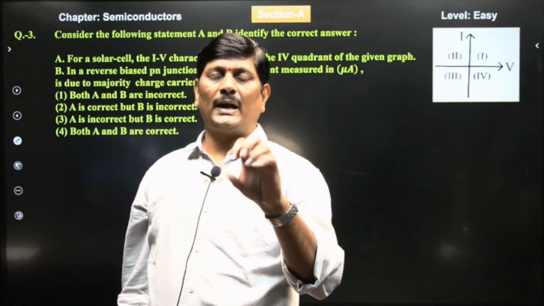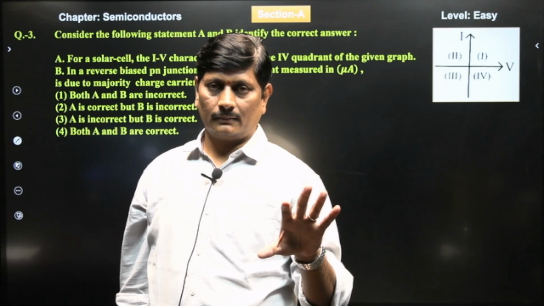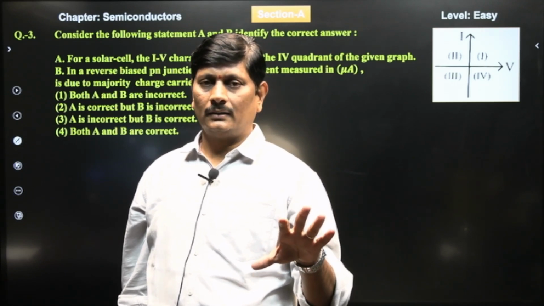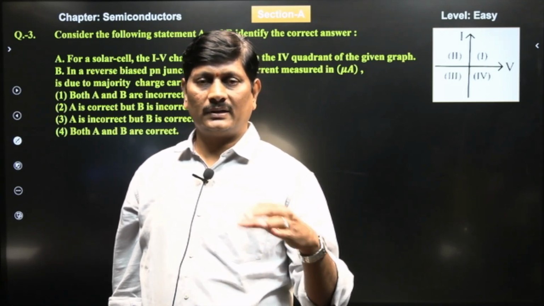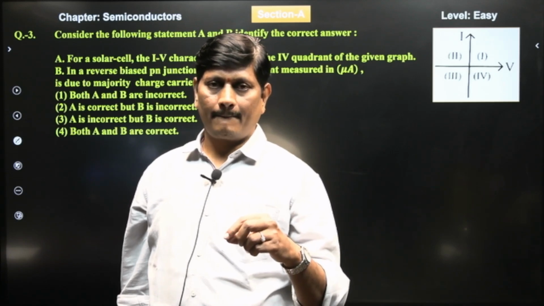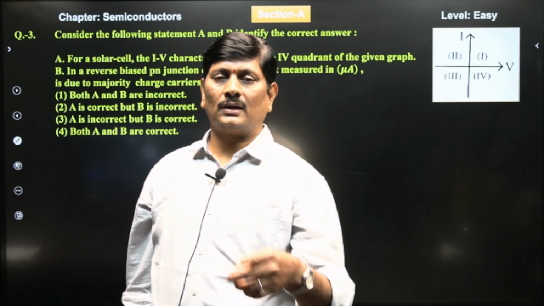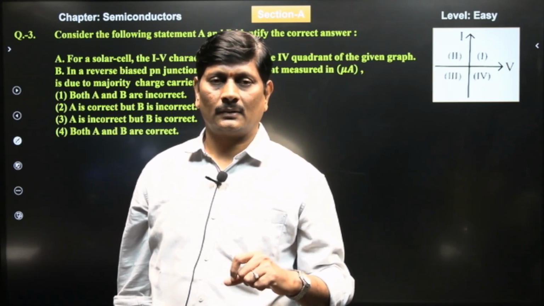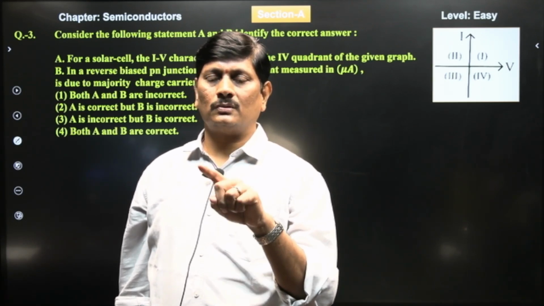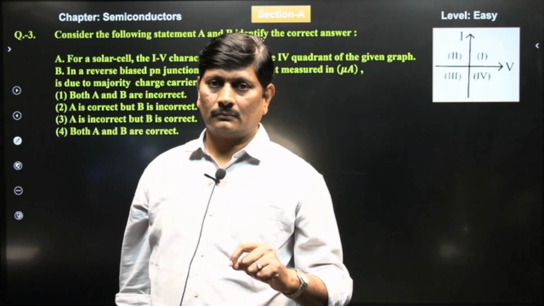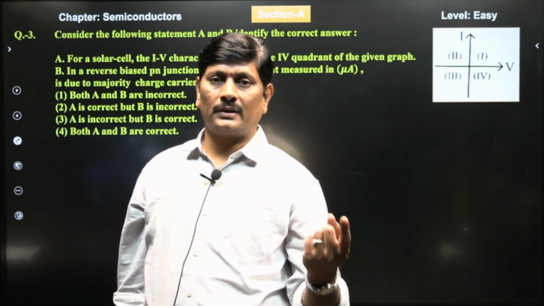Biasing is done by a battery. There is an external source, an external battery. With that battery, biasing is done, and with that biasing, there is a current through the circuit, right? First quadrant, positive voltage, positive current. Third quadrant, negative voltage, negative current.